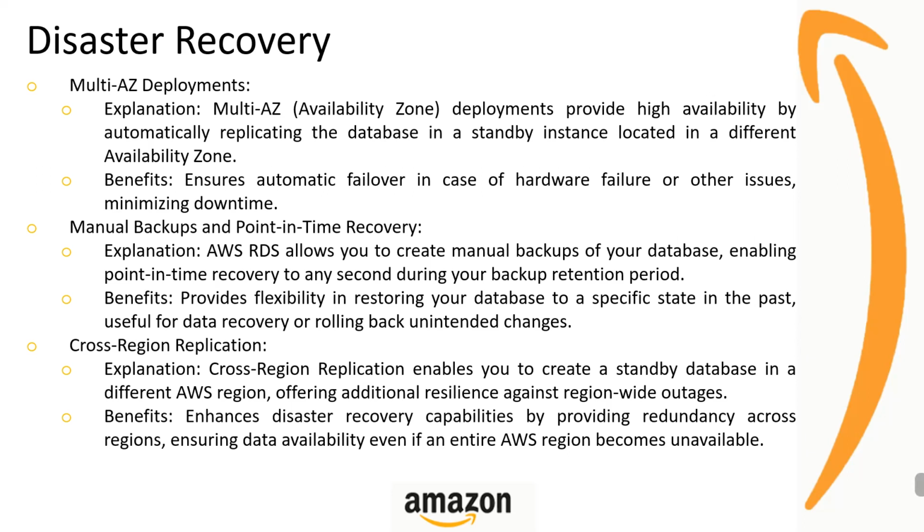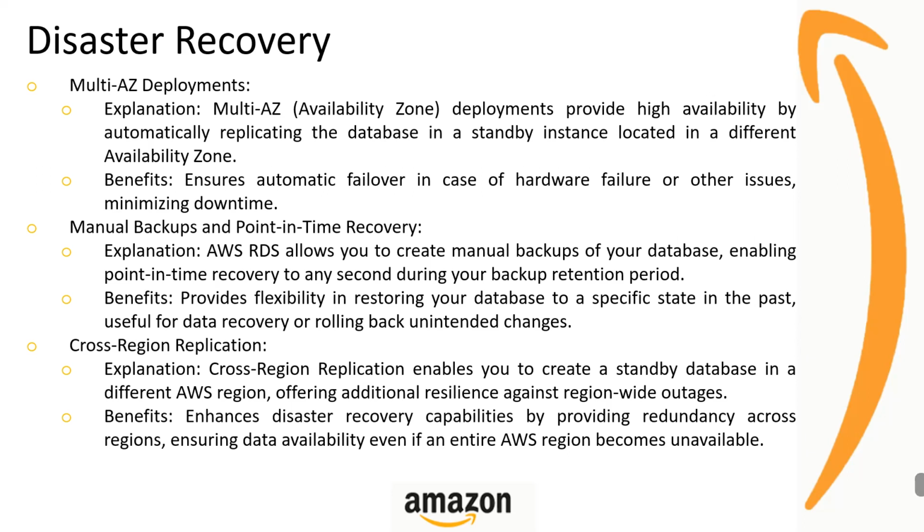If I store the data in the Mumbai region, it's automatically replicated to the Singapore region. This concept is the cross region replication, right? What is the benefit? Suppose the Mumbai region is down, then we can fetch the data from the Singapore region also, right?